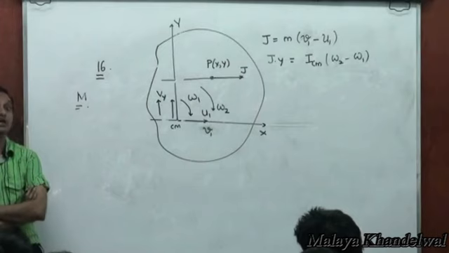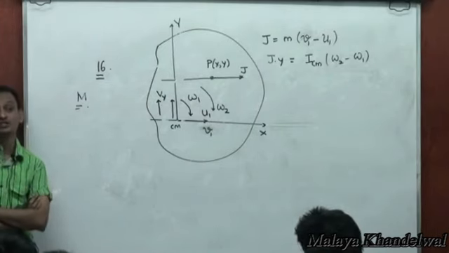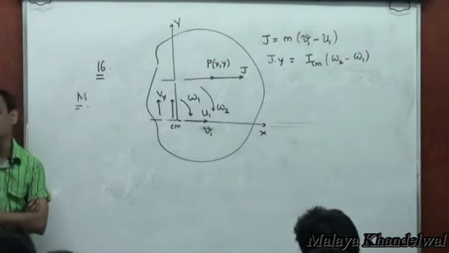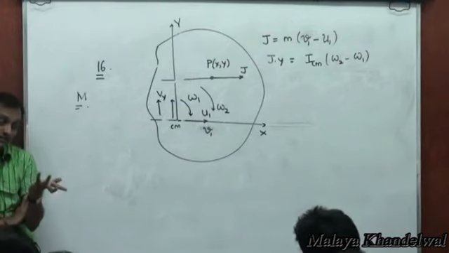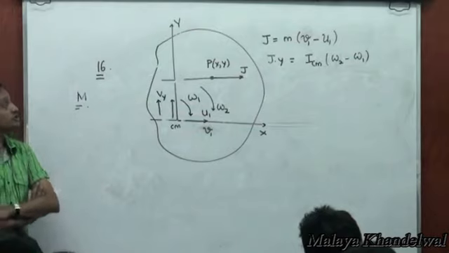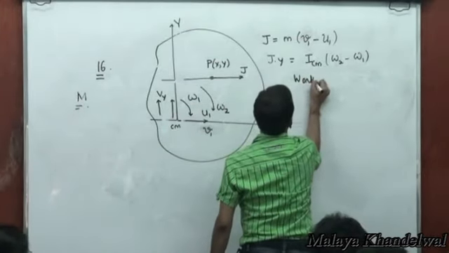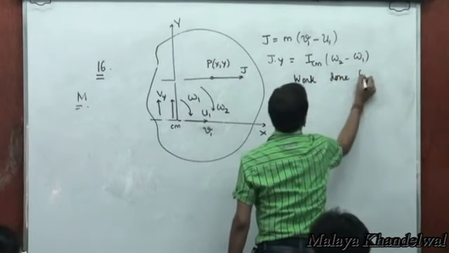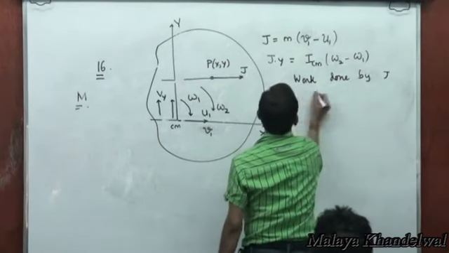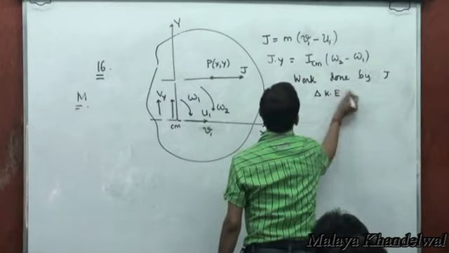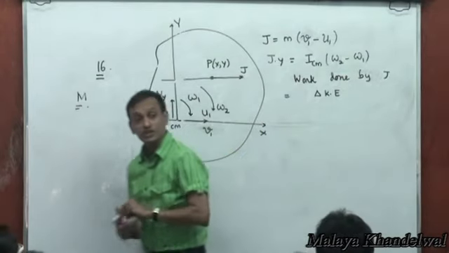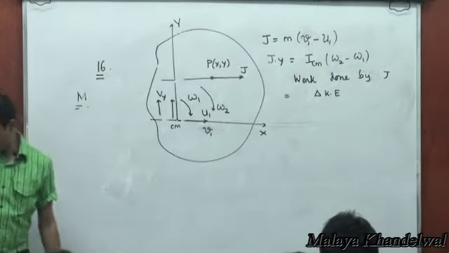The work done by J would be the change in kinetic energy of the lamina. Very simple. That's what it means. Change in kinetic energy means change in kinetic energy of translation plus change in kinetic energy of rotation.